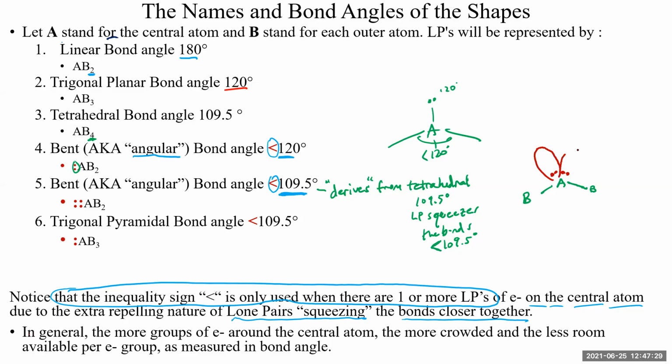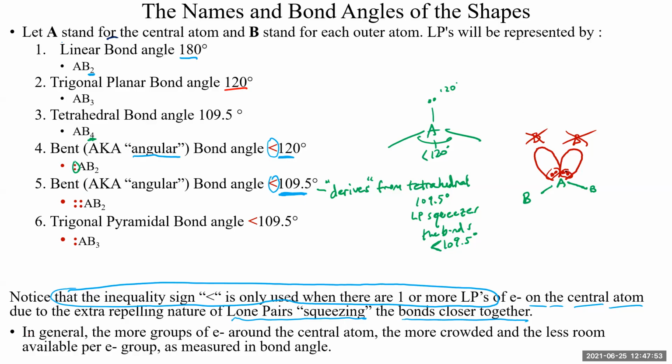It really is derived from the tetrahedral shape. Everything I just said is still true. So bent less than 109.5: instead of having a tetrahedral with two atoms here, B and B, these are gone, and instead we just have these lone pairs.